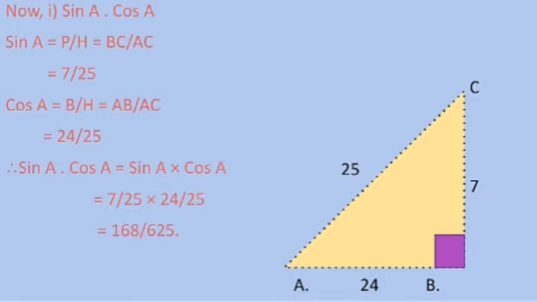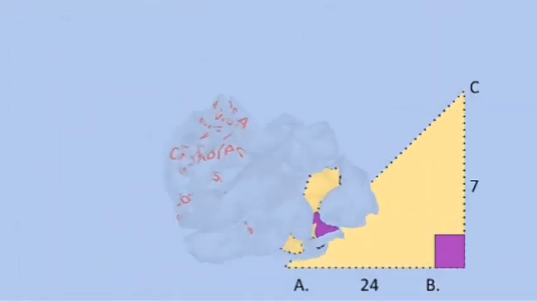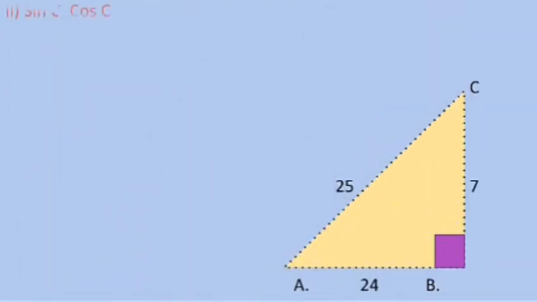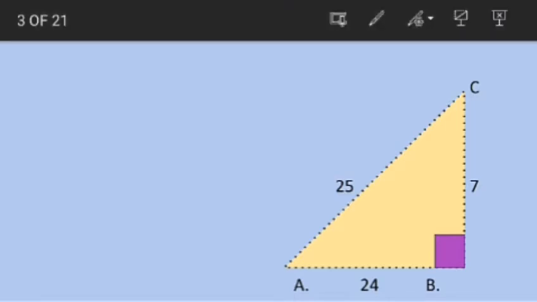Now, class, moving to the next part. Yes, the second part, that is sin C and cos C. Now here, class, you will see that this time we have taken angle C. The first time we took angle A, but this time we are talking about angle C, this angle.